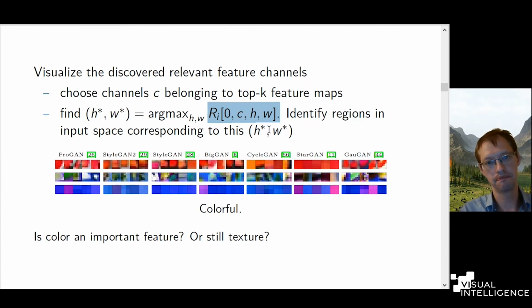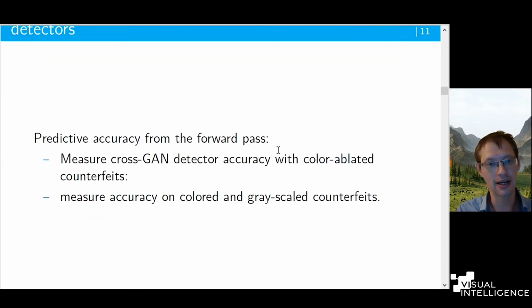This is a channel in a feature space, but we can back project that to the input space and find the corresponding location. And what we see when we look at these top patches is they have one property: they look very colorful. Then you can ask yourself, is color an important feature, or texture as we actually assumed?